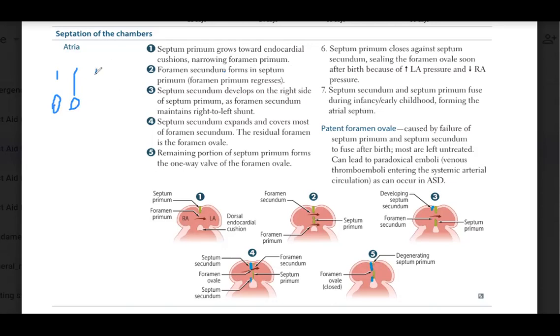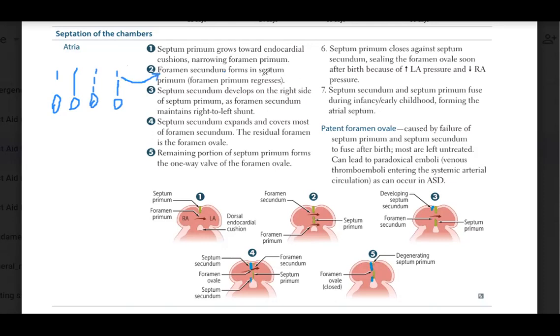Okay, next step. Next step was perforations. Because of the perforations, this is the endocardial cushion. The perforations fuse, and it gives rise to a foramen secundum.